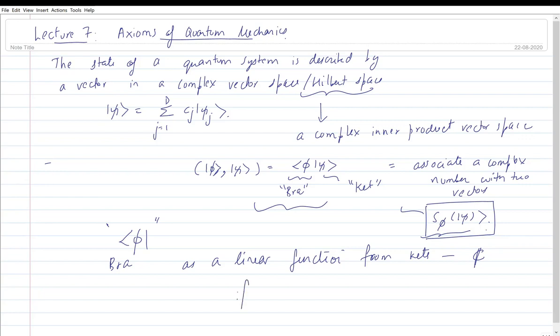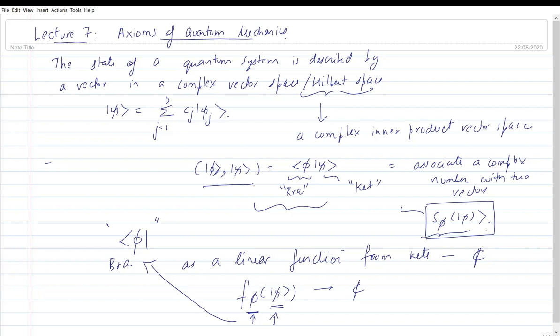Essentially what's happening is you have a linear function depending upon this phi, this row vector, which takes as input all the kets, all the elements of your original vector space, and pops out a complex number. So that's another way of interpreting this inner product.